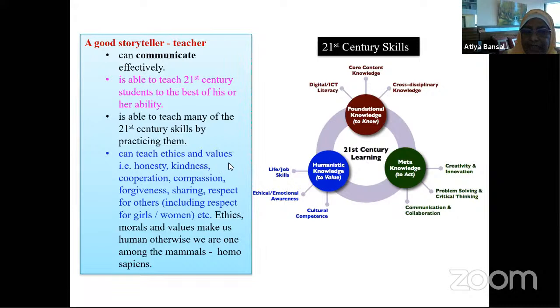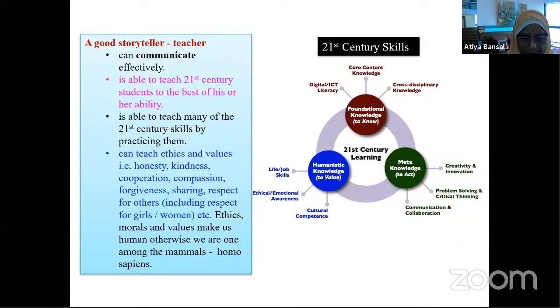Can teach ethics and values like honesty, kindness, cooperation, compassion, forgiveness, sharing, respect for others, including respect for girls and women, through stories. Ethics, morals, and values make us human. Otherwise, we are one among the mammals called Homo sapiens.